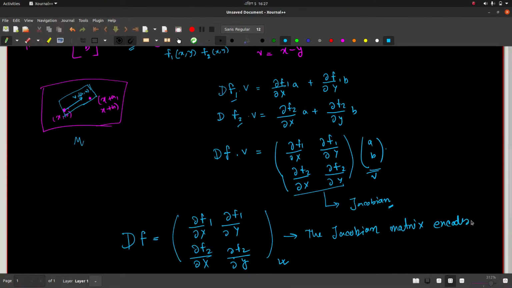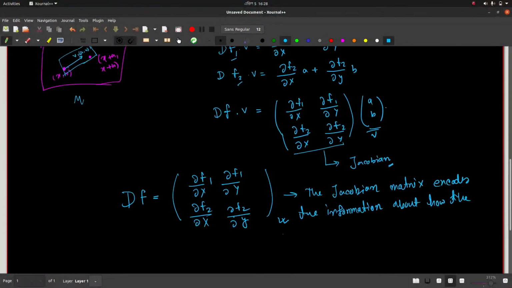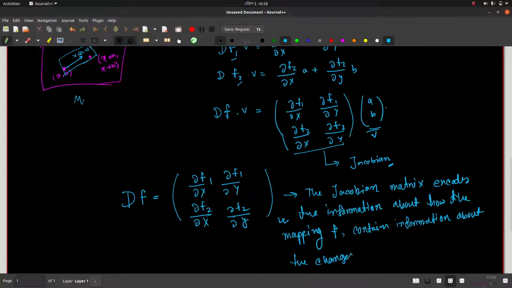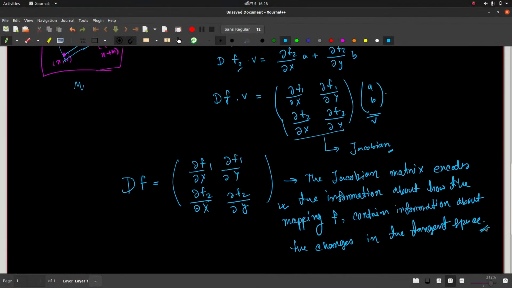So in a sense, the Jacobian matrix encodes the information about how the mapping F contains information about the changes in the tangent space or tangent bundle, if you want to consider every point, right?